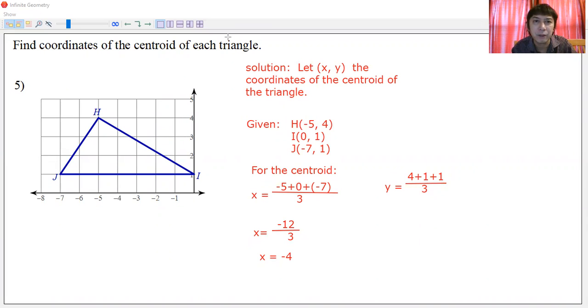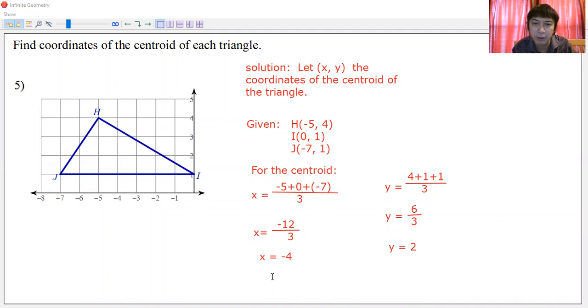So y is equal to 4 plus 1 plus 1 is 6. So we have 6 divided by 3, that surely is 2. So y is equal to positive 2.